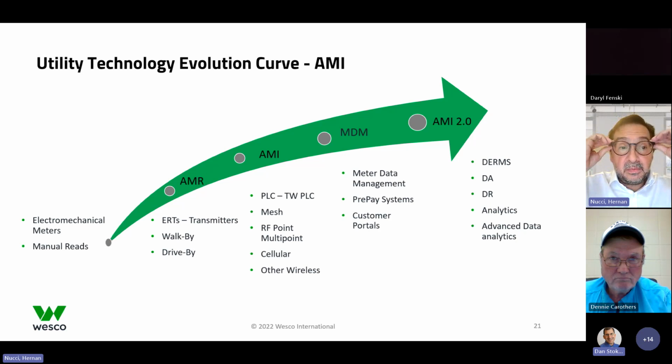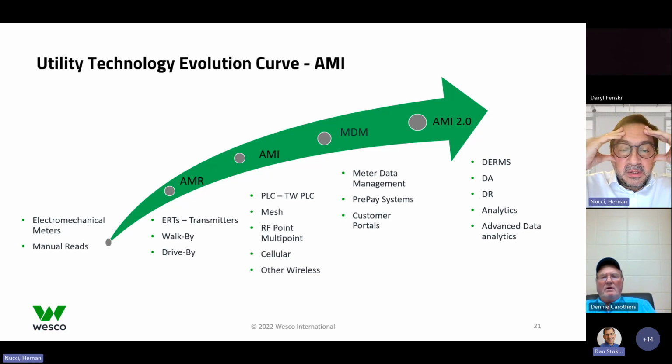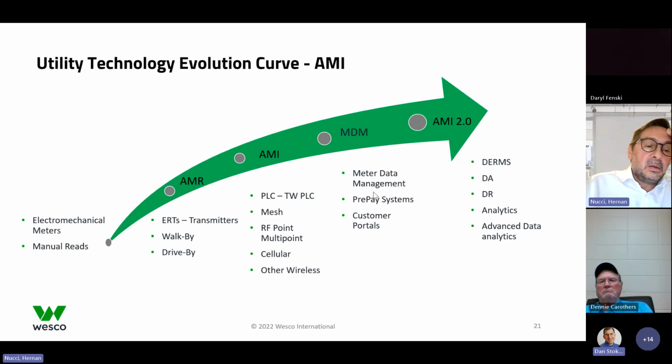This is what we call the utility technology evolution curve. If you see this, you'll see that there's no timeline here. I'm not putting any years or when something was available. It's just a progression. We started measuring energy 80 years ago with an electromechanical meter. We did manual reads.